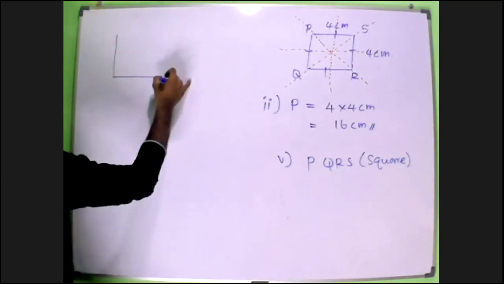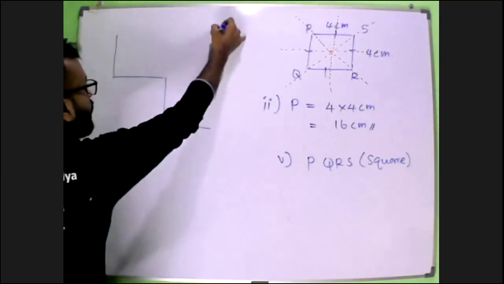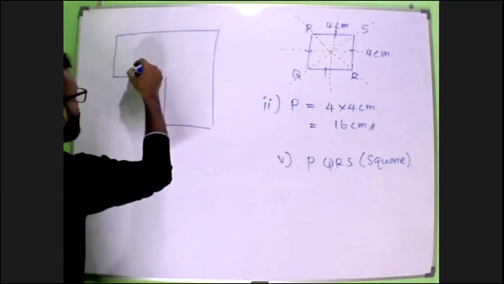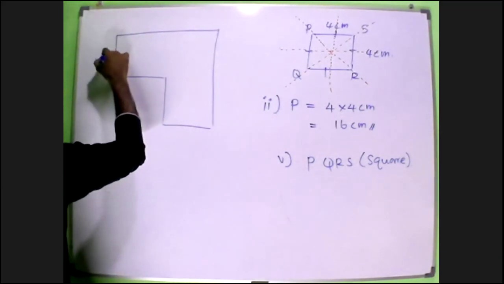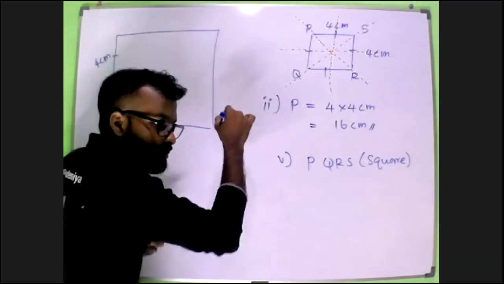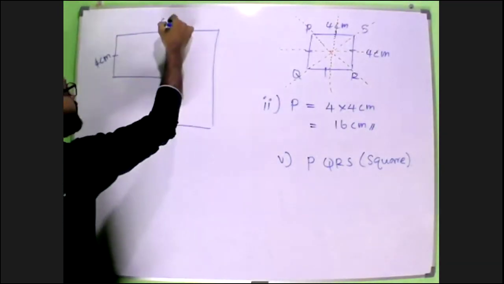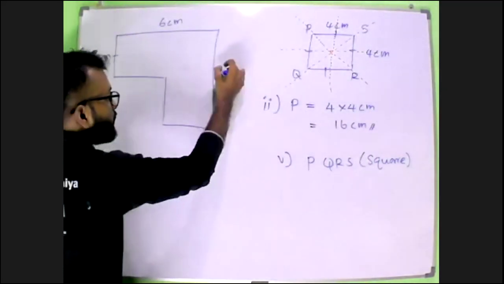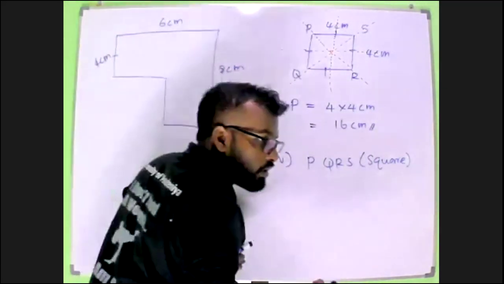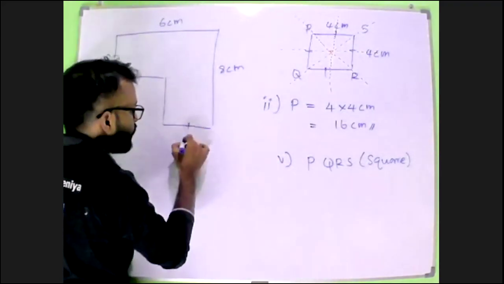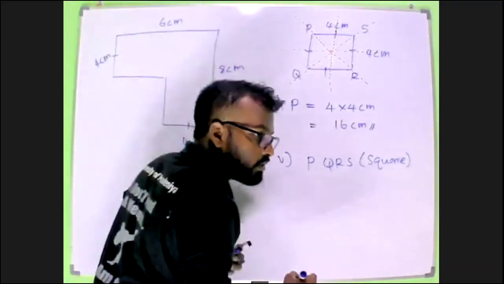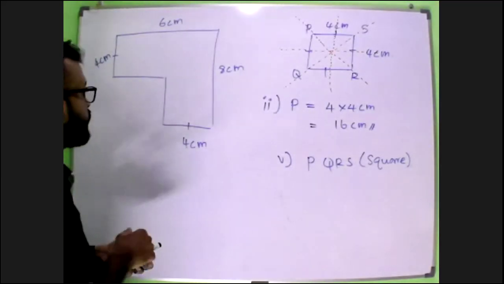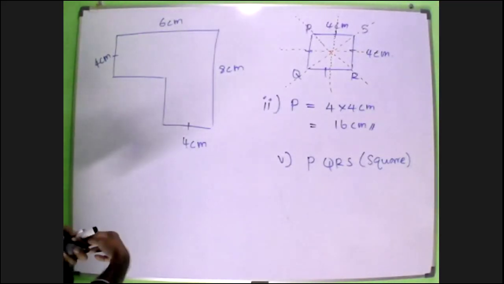So this is something like this. Four centimeters, and this one 6 centimeters, and this length 8 centimeters, and this one again 4 centimeters. Right. So by looking at this, you have to fill the rest of the lengths.